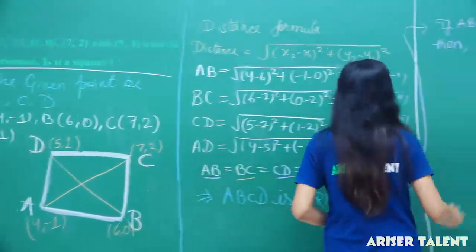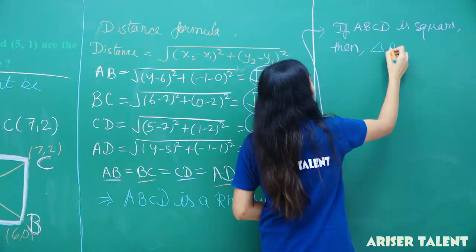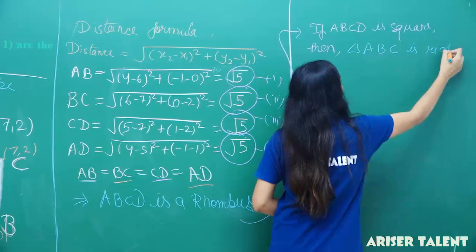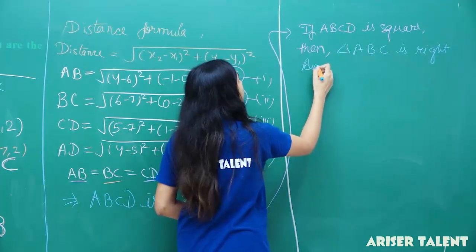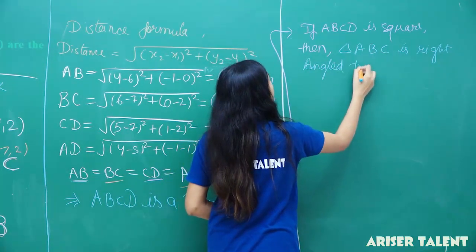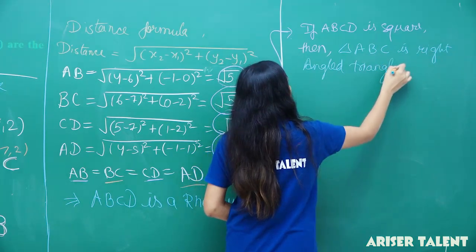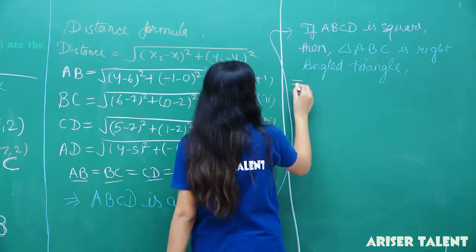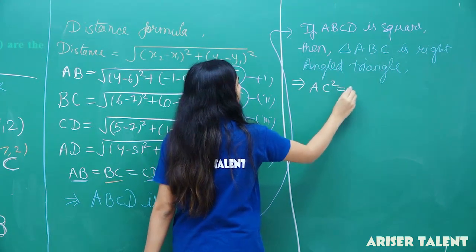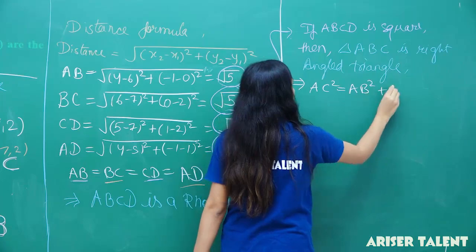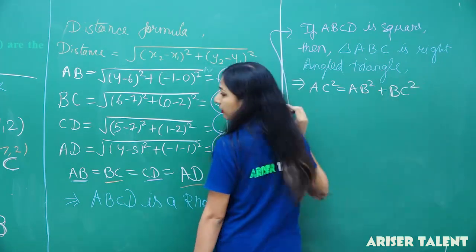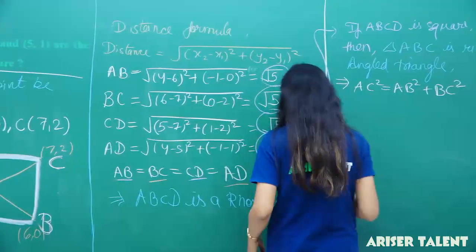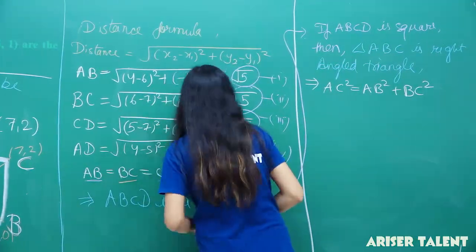Now if triangle ABC is a right angled triangle, this implies that AC square equals AB square plus BC square, by the Pythagoras theorem.